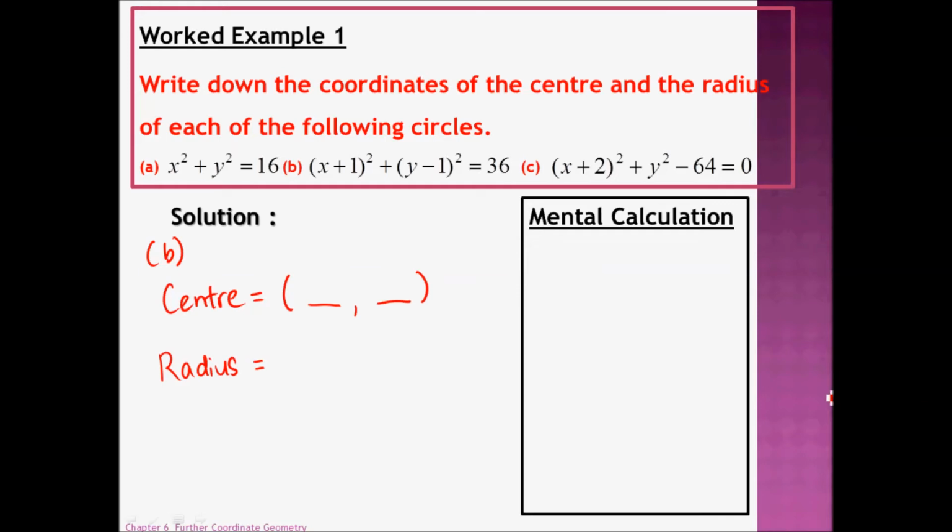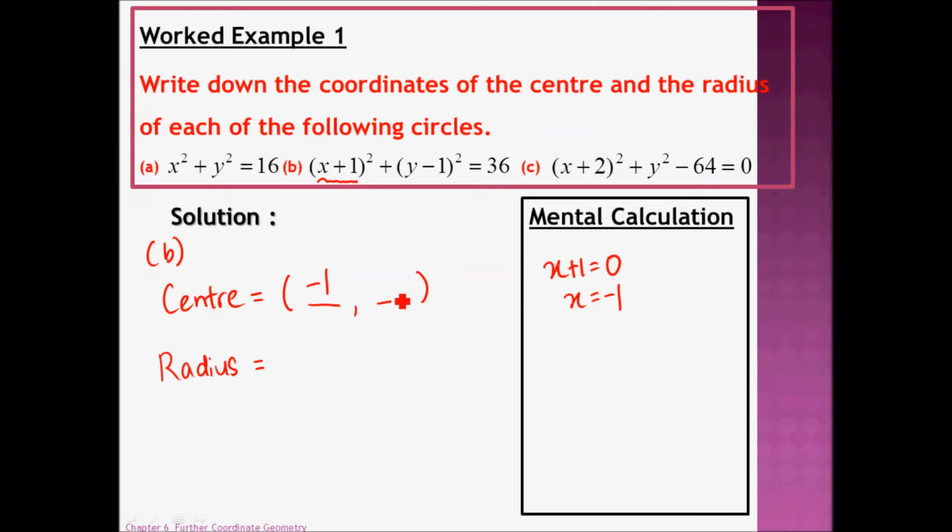Next, for circle B, to get the x-coordinate of the center, I let x plus 1 equal 0. Please do not take y minus 1 if you are trying to find the x-coordinate. The x-coordinate means x plus 1 here. So x plus 1 equals 0, x equals minus 1. Which means that minus 1 is the x-coordinate of the center of the circle.